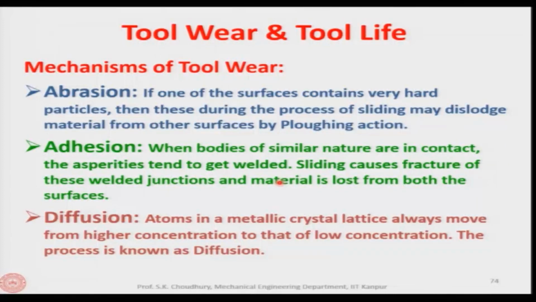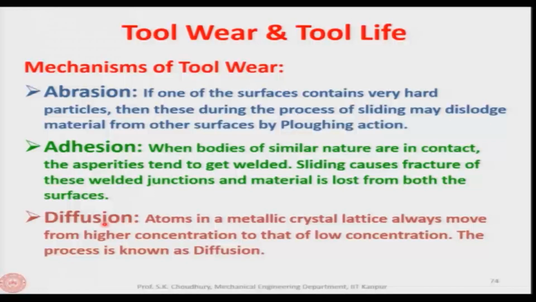So, during the cutting process, when it is interacting with the workpiece, the atoms from the tool, which is at the higher density, will move into the lower density atomic structure of the workpiece material, and therefore, the tool wears out. So, that is called diffusion, and this is one of the mechanisms of tool wear.